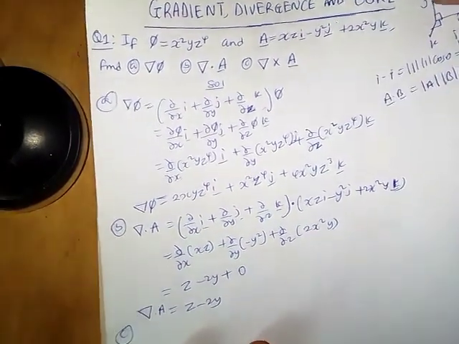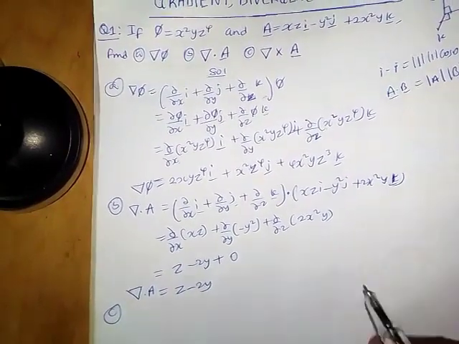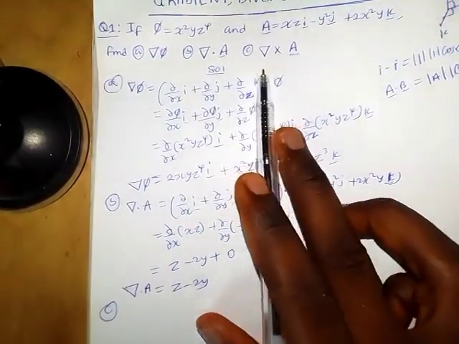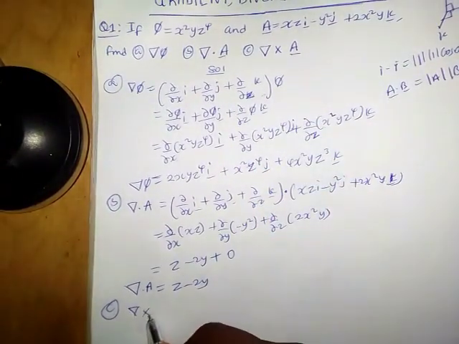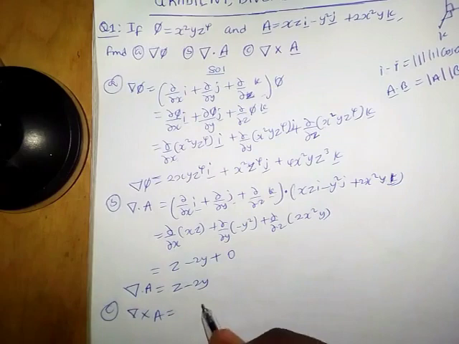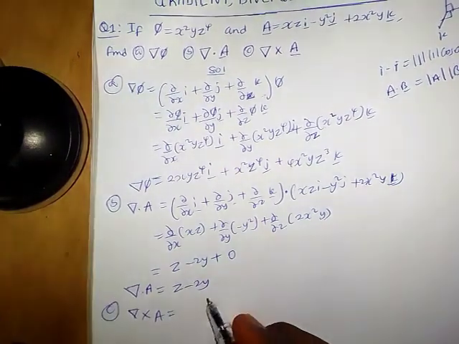Now, to solve the third question, we have curl A, which is a cross product. So we can rewrite it as this determinant.